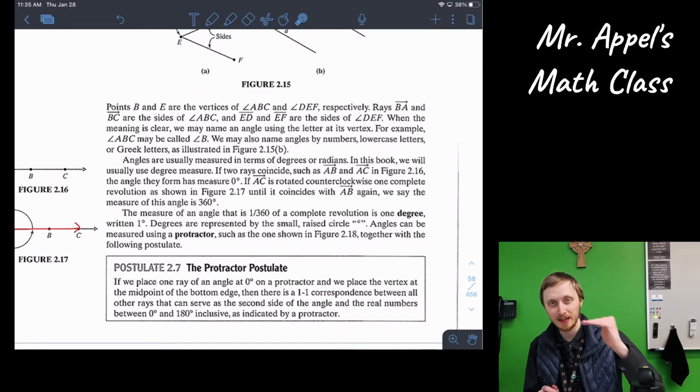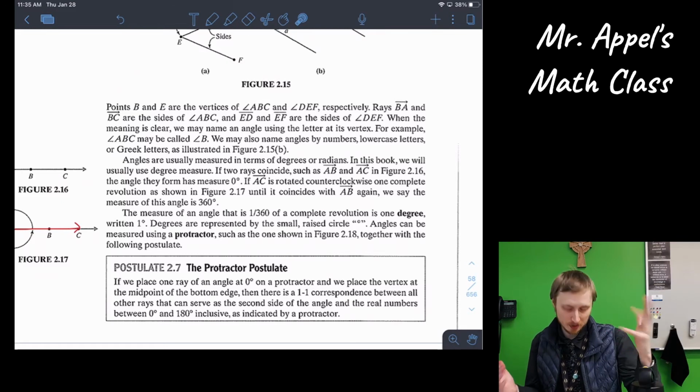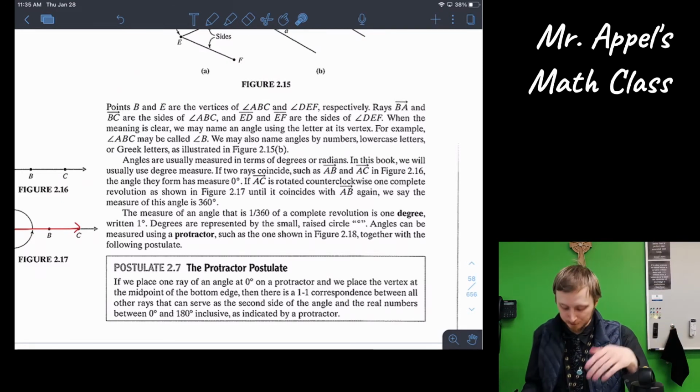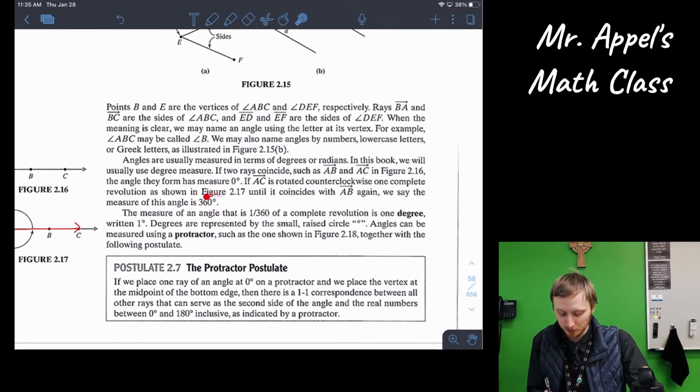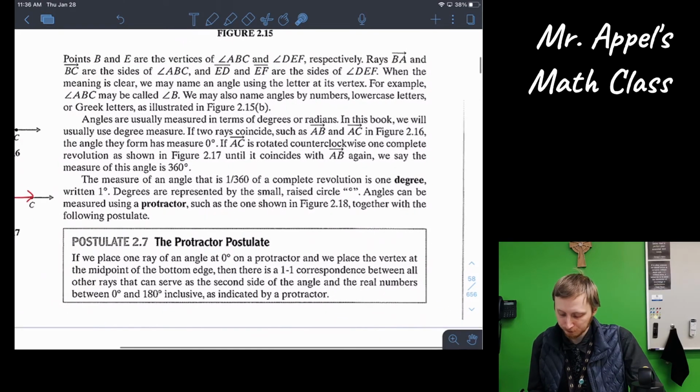Okay, we have set that number. It is, yes, technically arbitrary. There are some historical reasons why we use that number in particular, but it's a very convenient number.